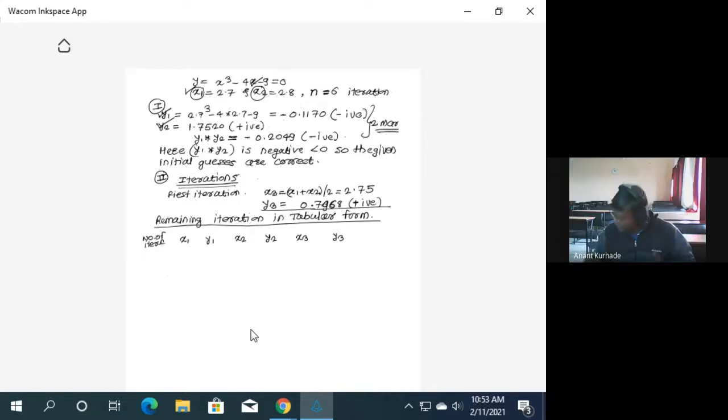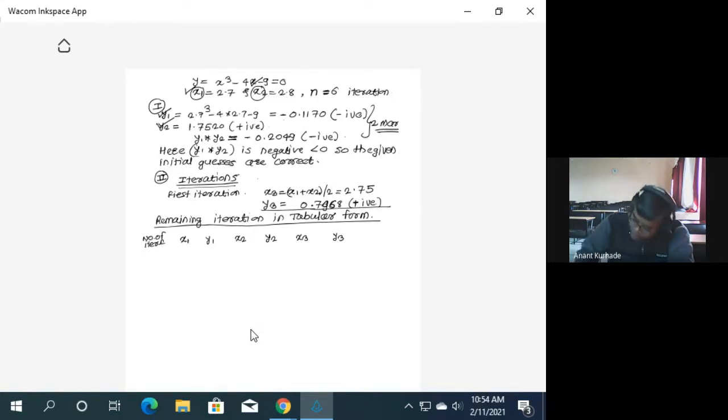Okay, now it is finished. If you check column wise, x1 is given, we have to find y1. x2 is given, we have calculated the value of y2. Then using x1, x2, we performed the first iteration. After the first iteration, we get the value of x3 and find the value of y3. This is our first row.